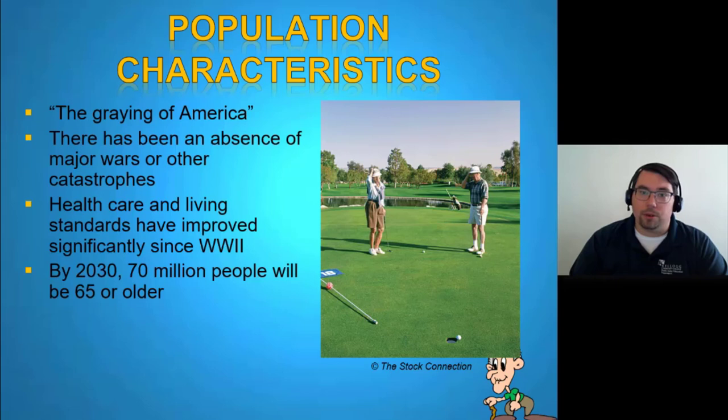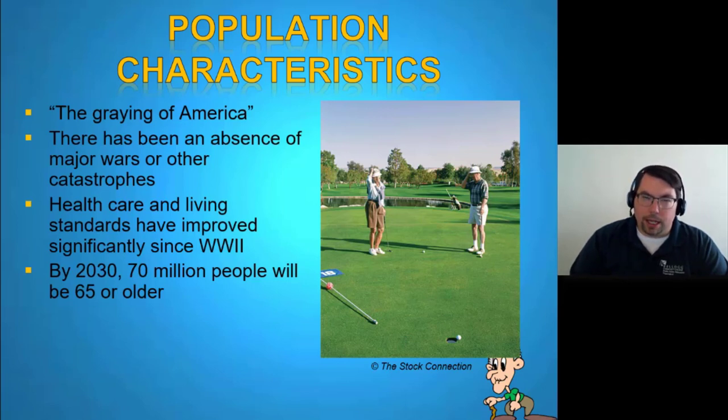Healthcare has improved, and standards of living have improved since the World War II era, leading to longer life cycles. More folks are getting more prolonged care and life expectancy extensions. By estimates, by 2030, over 70 million people will be 65 or older.